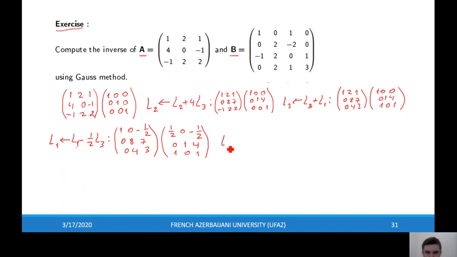Here, instead of the third line, we write the third line minus 1 over 2 of the second one.